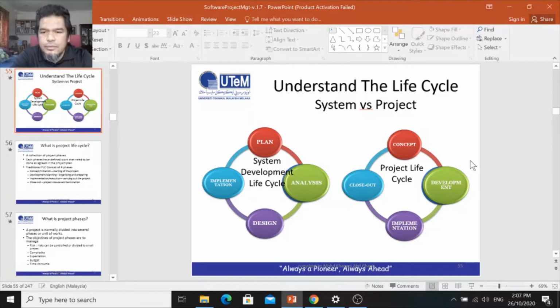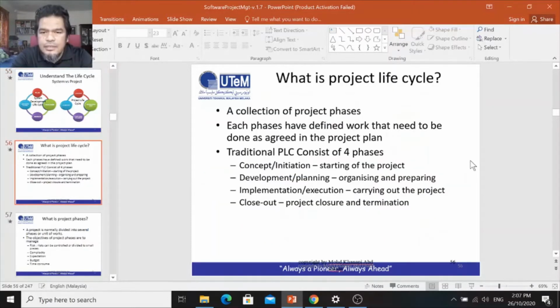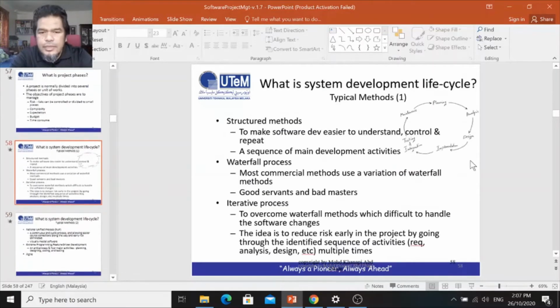Let's say you start with the initiation of the project life cycle, and then you adopt one of the software development methodologies, for example, the waterfall process. So you will execute the waterfall life cycle steps in the project life cycle, for example during initiation, during planning, and so on.